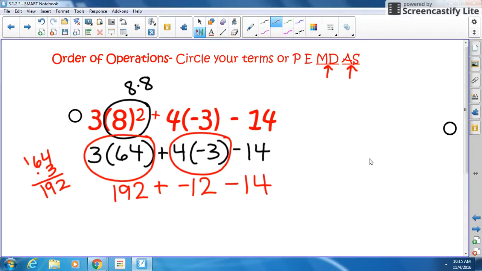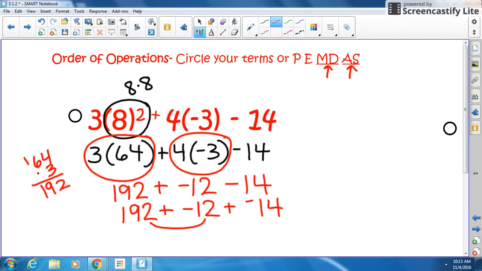I either can work left to right, or really I can change subtraction to plus the opposite. And I'm going to do that. 192 plus -12 plus the opposite of 14, which is -14. The reason why I changed it all to addition is because if I have all addition, I can work in any order. And that way I can see that these two would zero out a little bit.